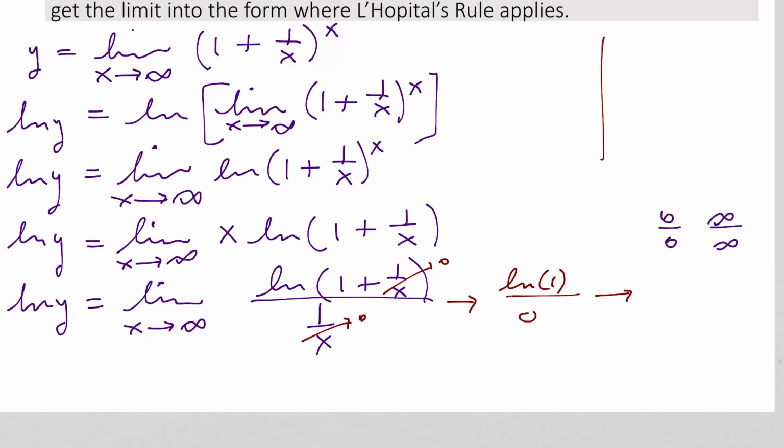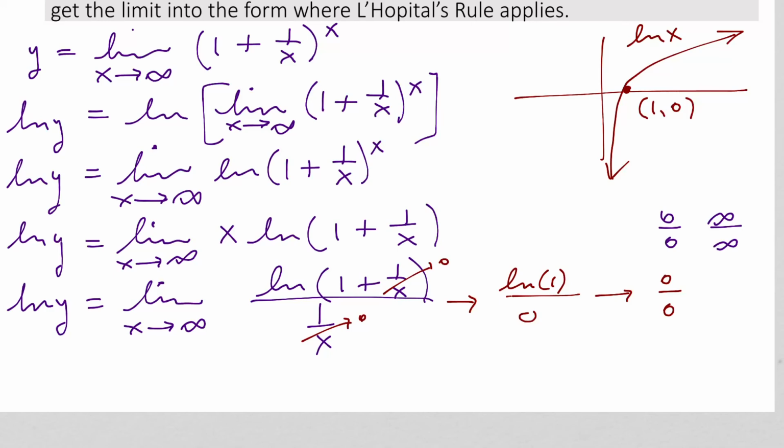So if I look at ln, it crosses at 1. It's got an x-intercept of 1, 0. So we know that about the ln of x function. All right, so that means I have a 0 in the numerator and a 0 in the denominator, so I can use L'Hopital's rule.